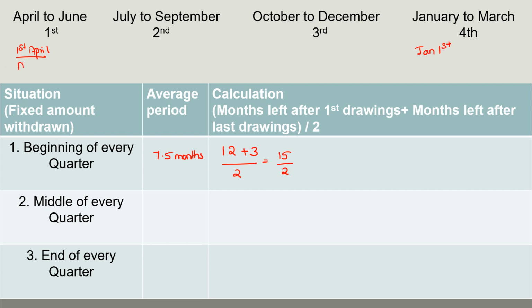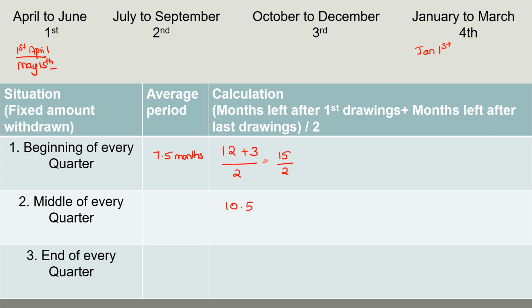So the withdrawal is made on May 15th. So what is the number of months from May 15th till 31st March? In this first quarter, there are 1.5 months plus 3 plus 3 plus 3. So 3 plus 3 plus 3 is 9, 9 plus 1.5, that would be 10.5 months from May 15th till March 31st of the next year.